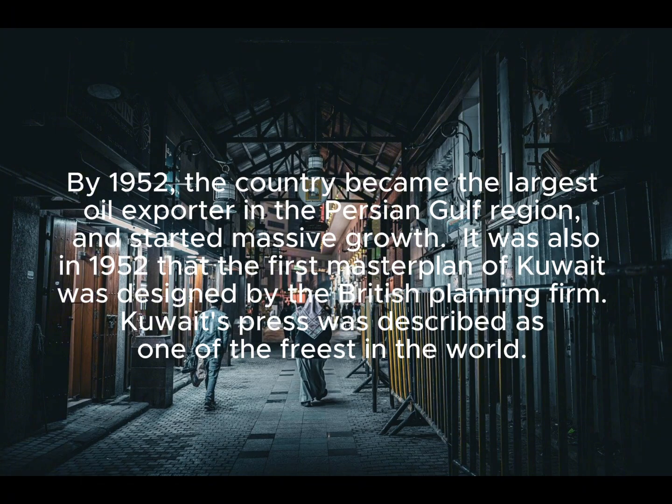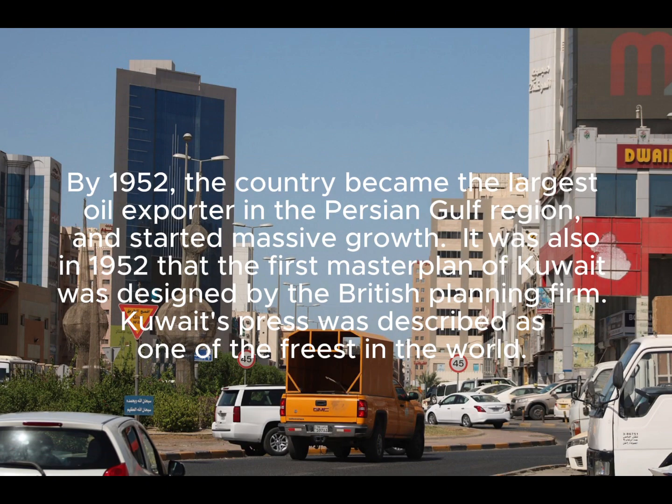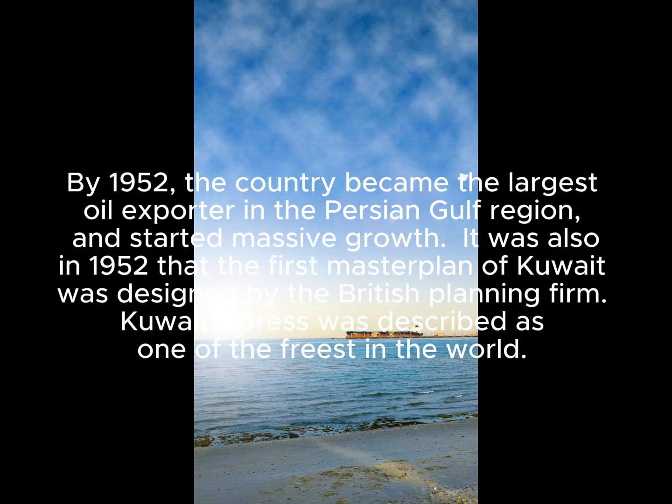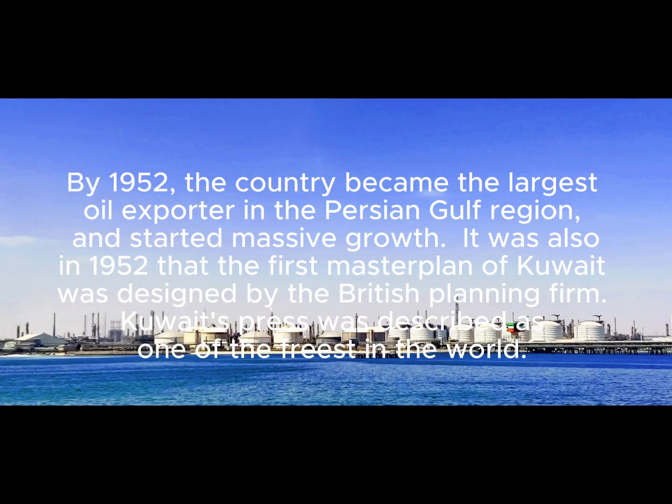By 1952, the country became the largest oil exporter in the Persian Gulf region and started massive growth. It was also in 1952 that the first master plan of Kuwait was designed by a British planning firm. Kuwait's press was described as one of the freest in the world.